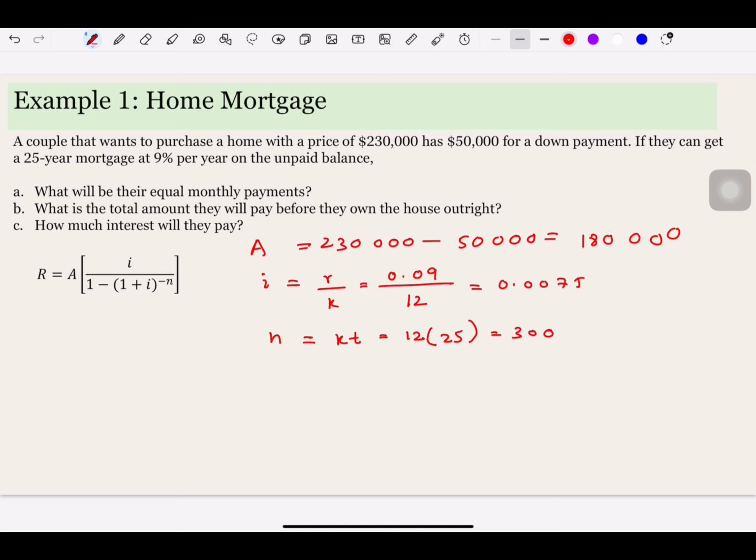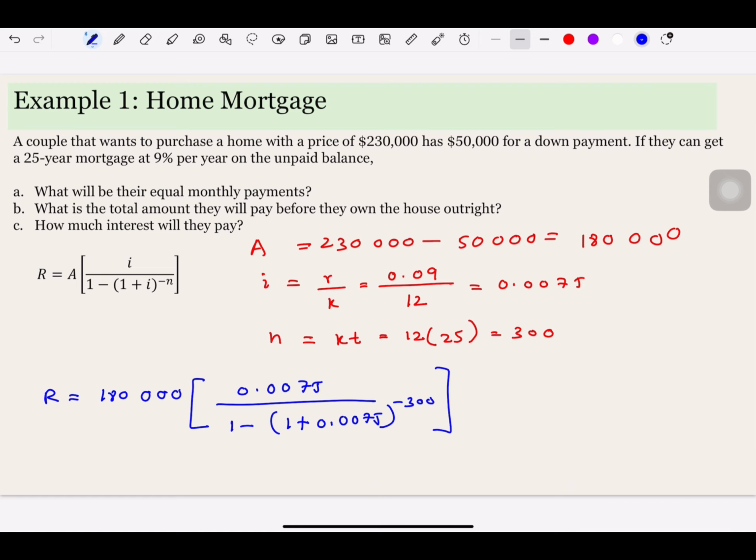So now you can plug these values into your formula and you get R as $180,000 multiplied by 0.0075, over 1 minus (1 plus 0.0075) to the power negative 300, and you have to simplify this value.